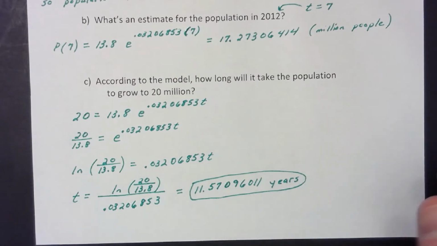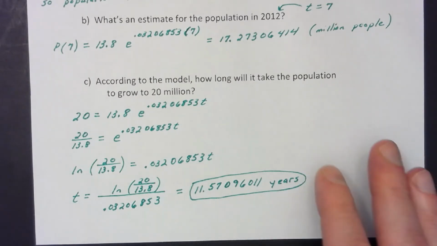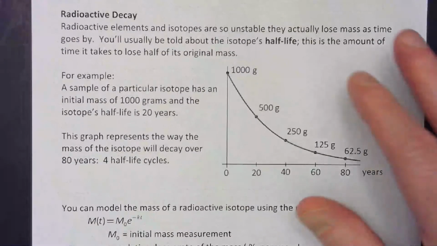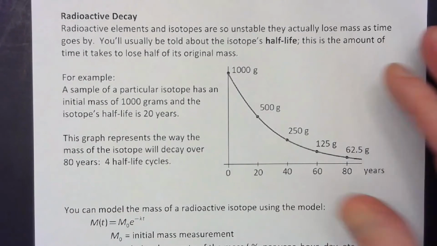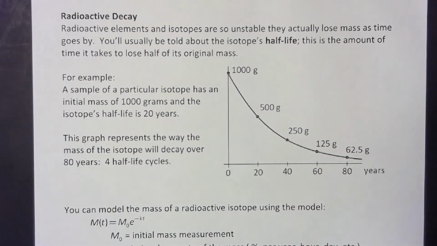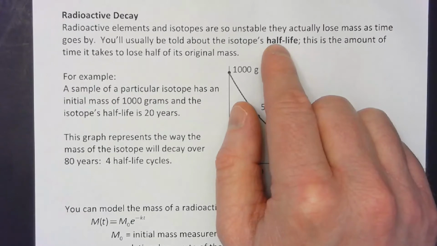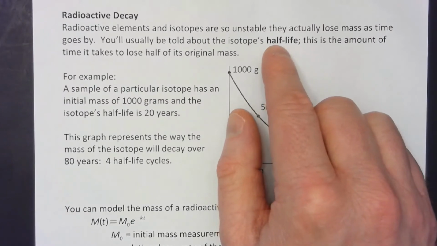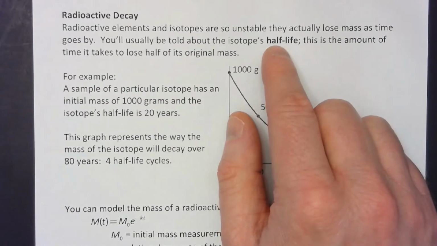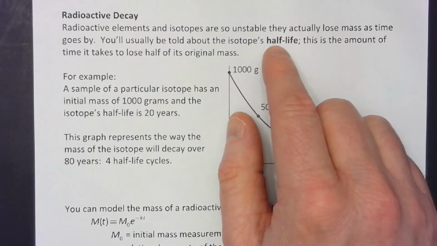Now, we've been talking about population models thus far. One of the other things this section will talk about is radioactive decay. Radioactive decay is, again, just an application of exponential functions. If I say something has a half-life, all that's telling you is the amount of time it takes for that mass to be 1/2 of whatever the original amount was.